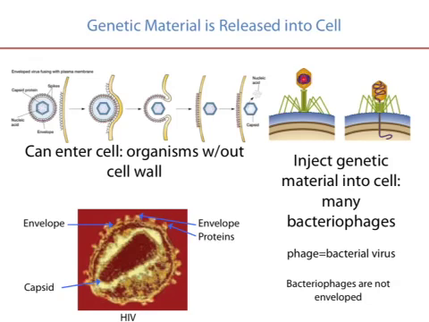In this particular example, this is the classic form of a bacteriophage. When you're talking about viruses that infect bacteria, those are generally called phage. So if you hear the phrase phage, it's just a virus that infects bacteria. This is the typical bacteriophage.